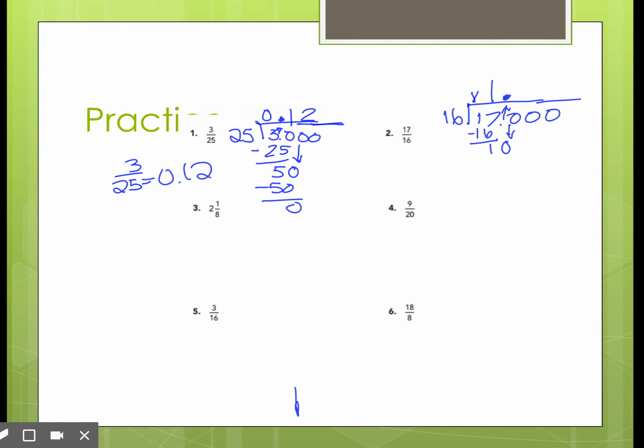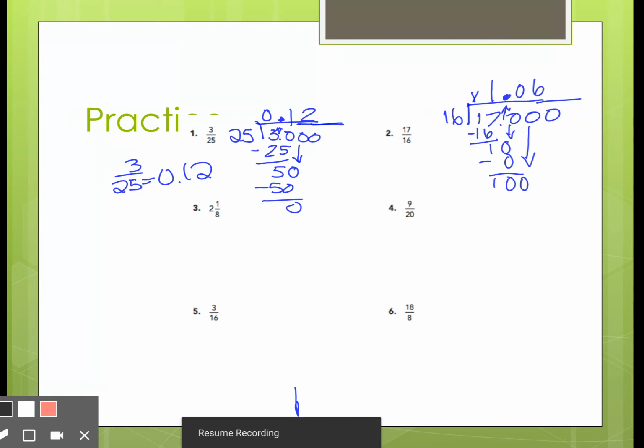16 does not go into 10, so it's very important I put a 0 up there to represent that. 16 times 0 is 0. Subtract, bring down the next 0. 16 does go into 100 6 times.